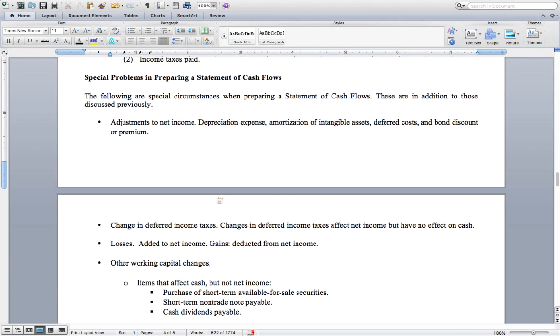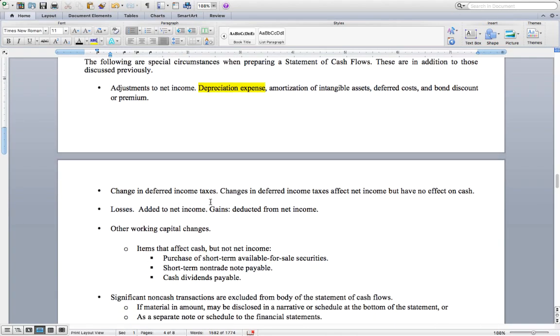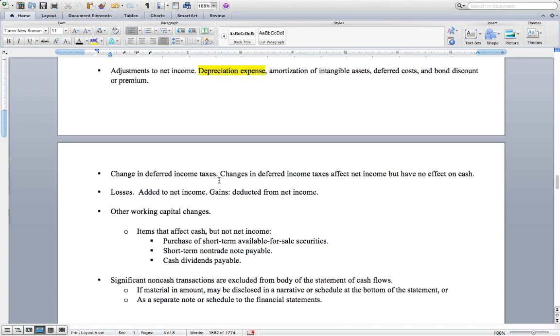And this last section just goes over some special problems. So this relates to some of those oddballs that we discussed earlier, but adjustments to net income that need to be made. For example, depreciation expense, you need to add it back. Any changes in deferred income taxes affect net income but have no effect on cash.